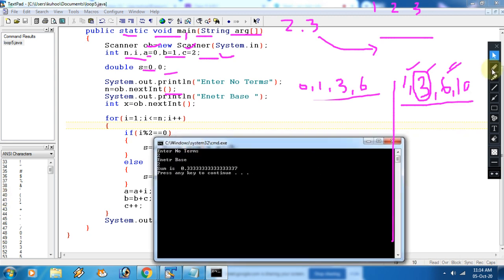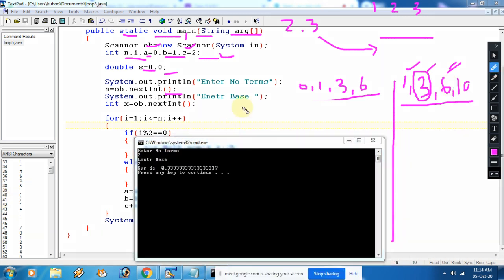So what is the first term? The first term is 2 to the power 0 upon 1 minus 2 to the power 1 upon 3, and you can simplify this working. So 2 to the power 0 is 1 upon 1, that's fine, minus 2 to the power 1, 2 upon 3. So 2 upon 3 you can easily check on your calculator.